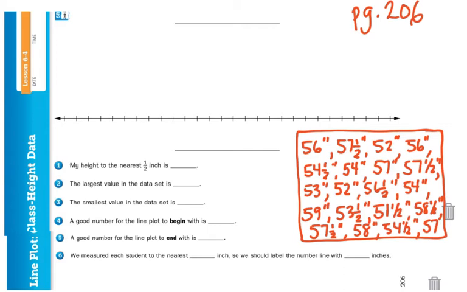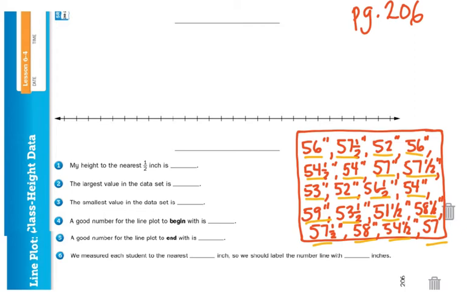So it looks like we have 1, 2, 3, 4, 5, 6, 7, 8, 9, 10, 11, 12, 13, 14, 15, 16, 17, 18, 19, 20 students in this class.